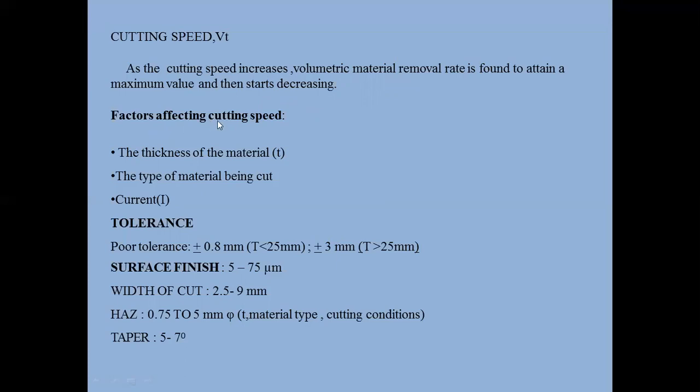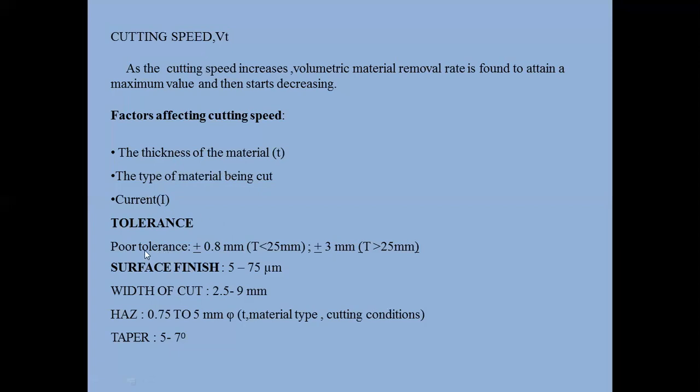Other factors affect the cutting speed, so considering all these factors, we need to set up cutting speed by considering the effective speeds. Thickness of the material, type of material being cut, current applied: these are the factors that are going to influence the cutting speed.